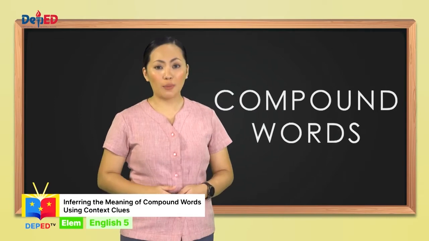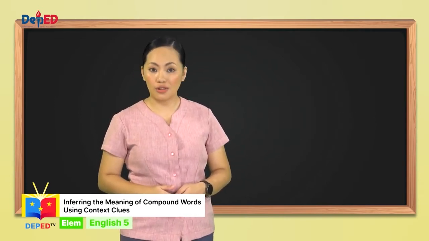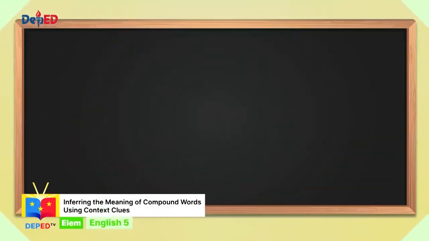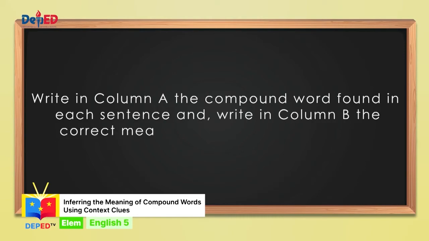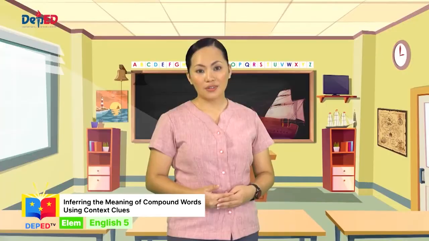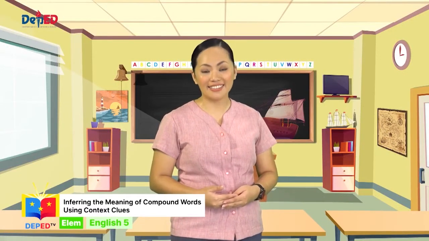Before we dive into our lesson, let's try to answer page 2 of your self-learning module. Read the sentences carefully, then do the following. Write in column A the compound word found in each sentence, and write in column B the correct meaning of the compound word. Write your answers in your paper and let's begin.